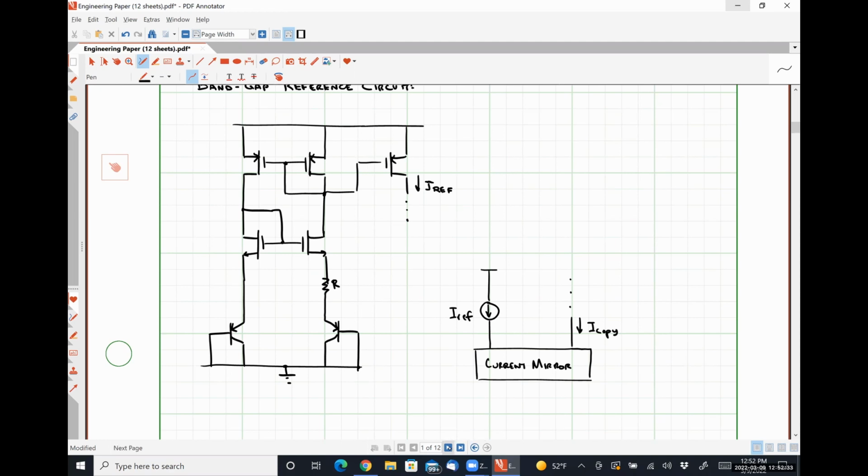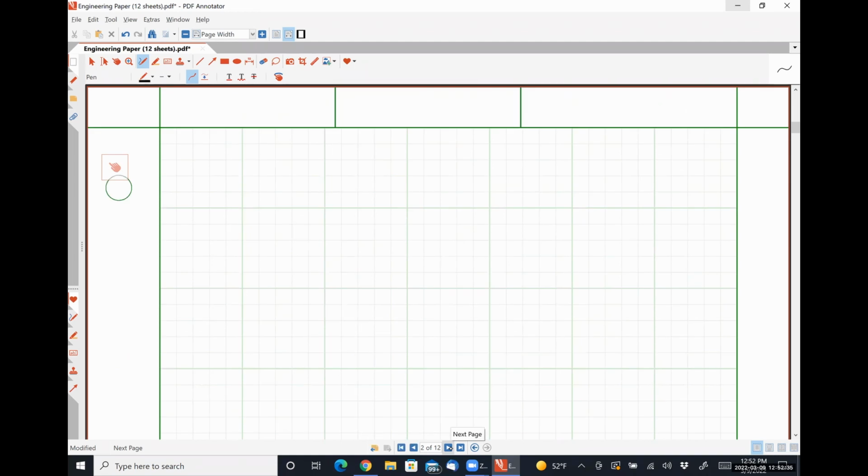So our first current mirror that we're going to talk about is the NPN BJT current mirror.